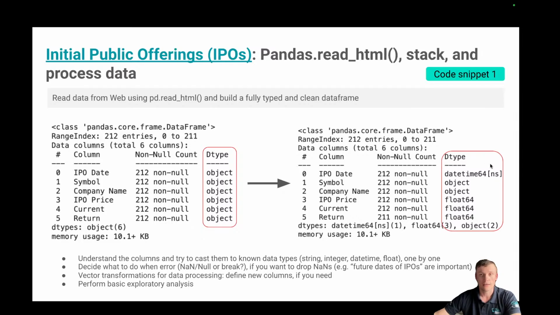As you can see here in the code snippet, we convert date to datetime, and we converted 3 columns to float. Then we will discuss how to find nulls, what you want to do when you don't see any data, how you want to backfill, how you want to drop this data, or you want to leave the data as is. We will define new columns, and we will define functions to be applied to the existing columns to produce new columns.